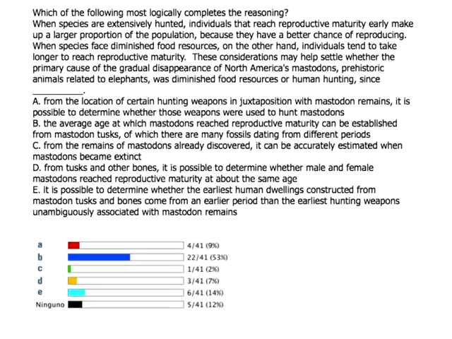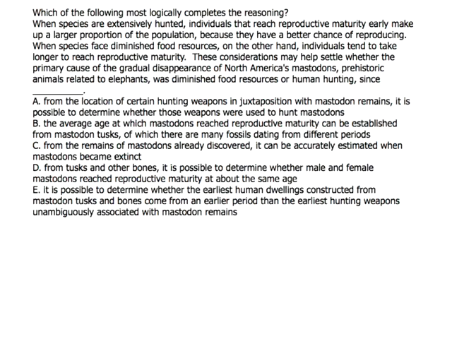All right, so yeah, these considerations may help settle whether. So let's figure out what they're saying here. When species are hunted a lot, notice the connections when you read through this stuff. So extensively hunted goes with this, whereas this idea here is verbatim the same as that.